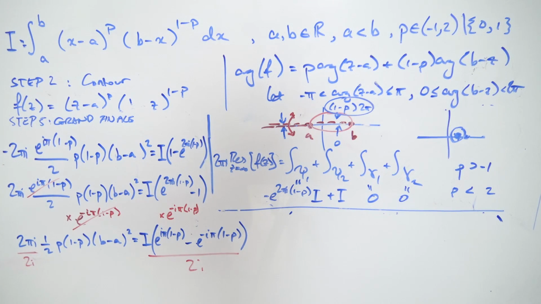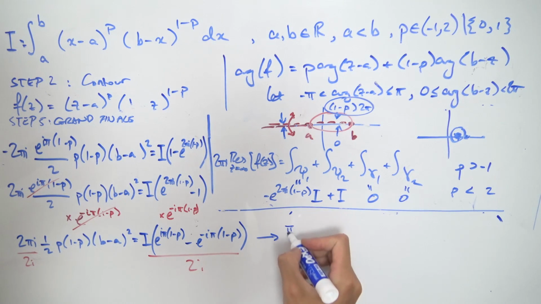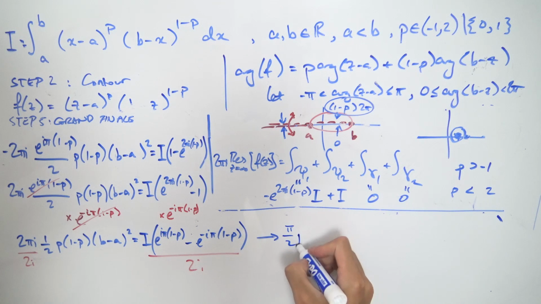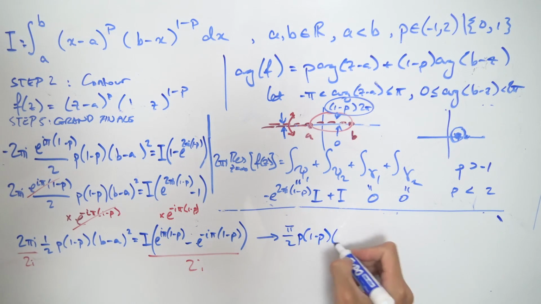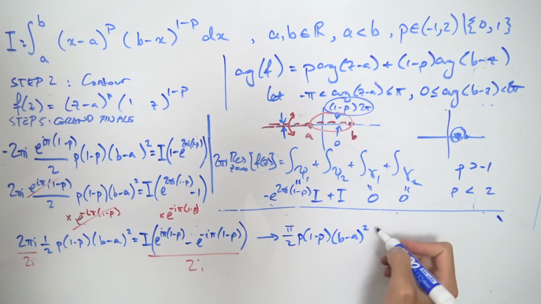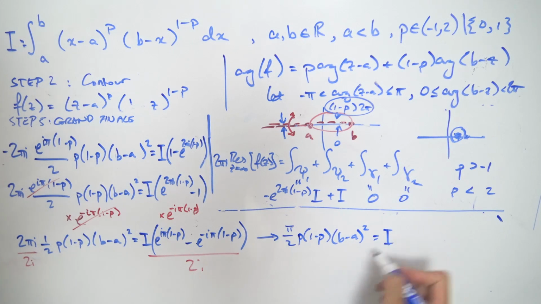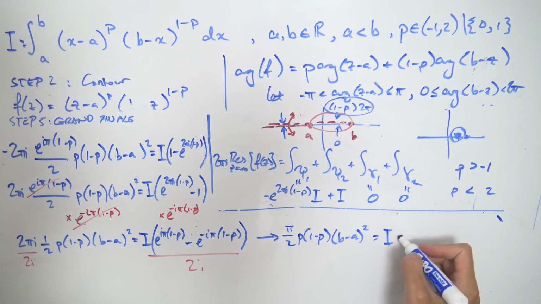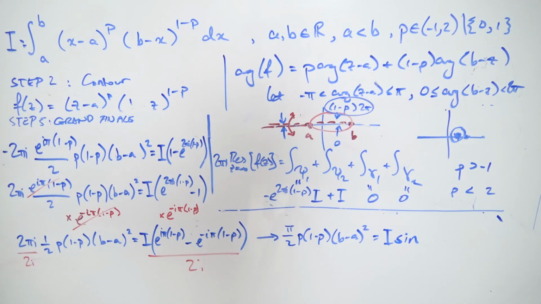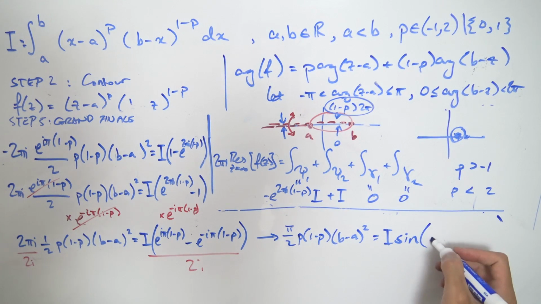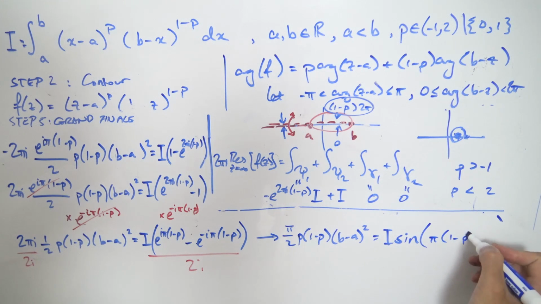So if we do that, we're going to be left with π divided by 2, then p(1−p)(b−a), but the whole thing squared, being equal to i, and now this whole thing is going to become the sine function. So we're going to have sine, and the sine of what? Well, we have i times some π times (1−p), and then we have π times (1−p) over here as well. So that's going to be sine of π times (1−p), like so.